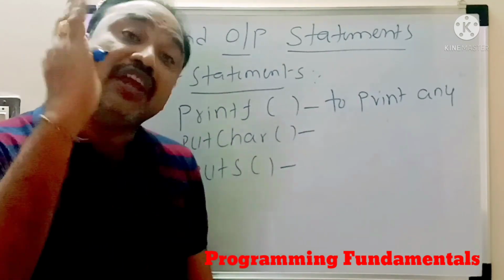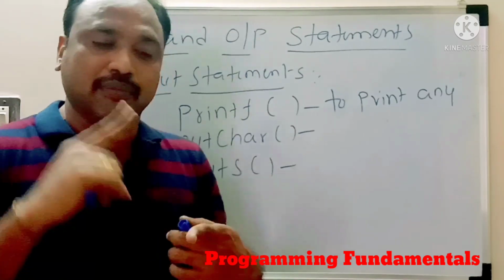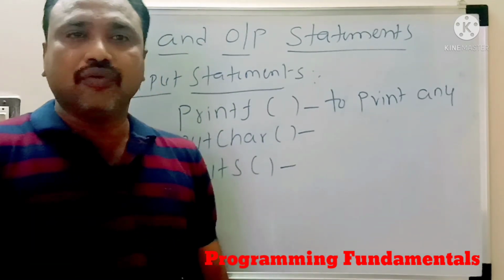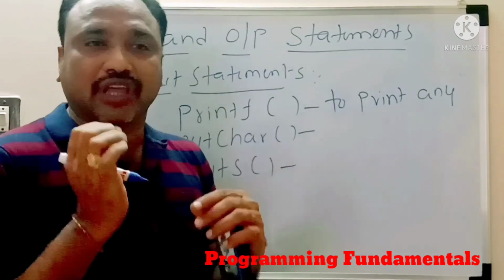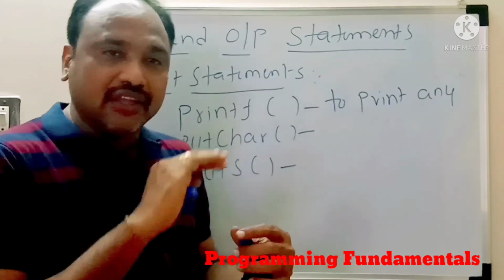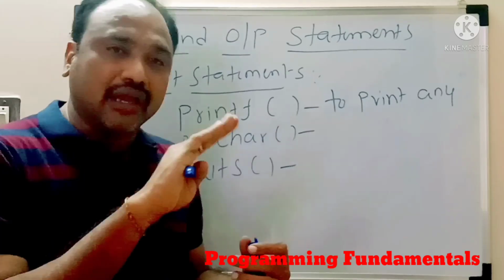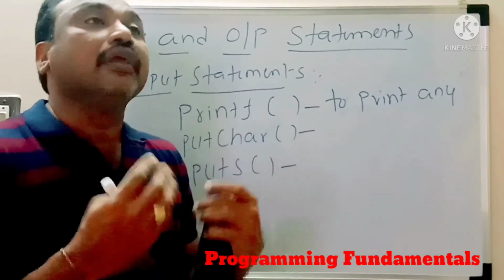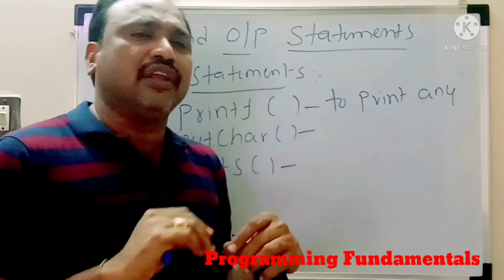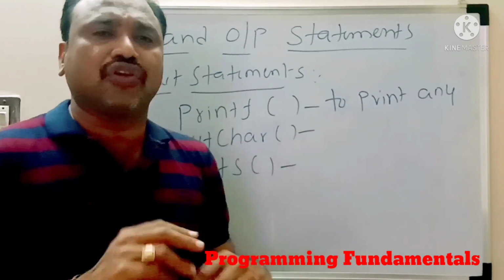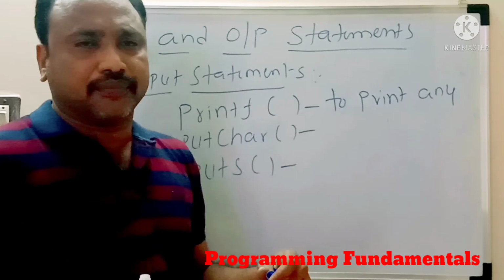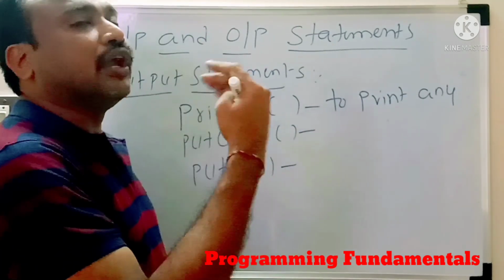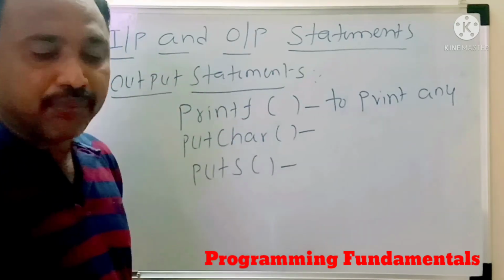Any type: it may be int, float, char, or string. I can print 10 integers, 10 floats, 10 characters, or 1 int, 1 float, 1 char. That is the purpose of printf.